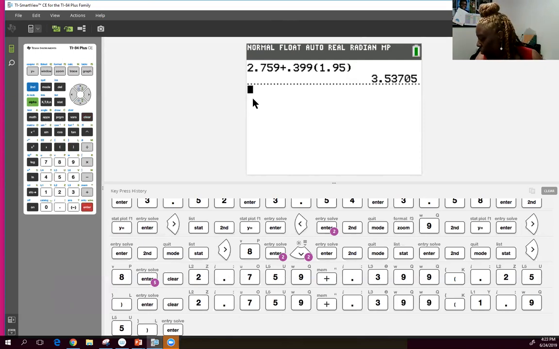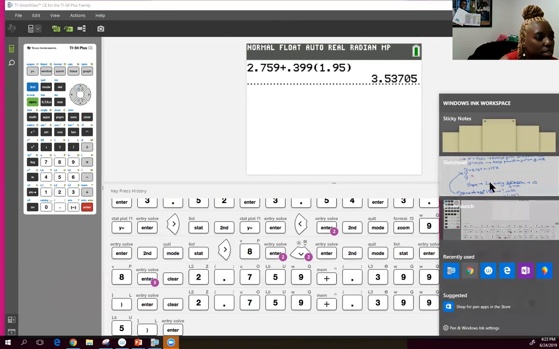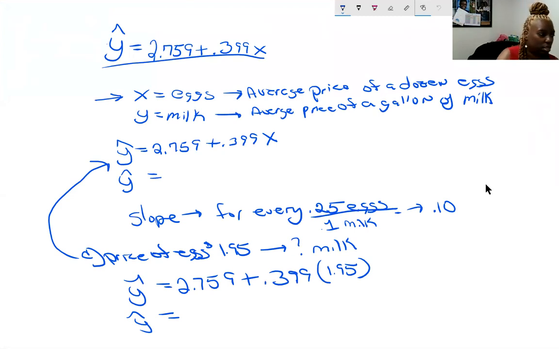Okay, so we expect the milk to be how much? $3.54. All right. So all right, so that's how much your milk should be. That's the price of your milk when your eggs are $1.95. Okay, does that work?